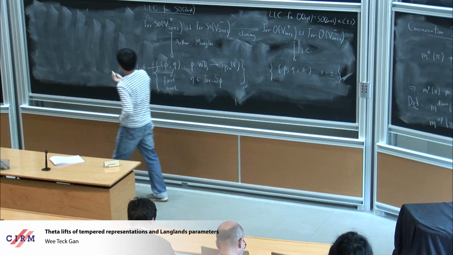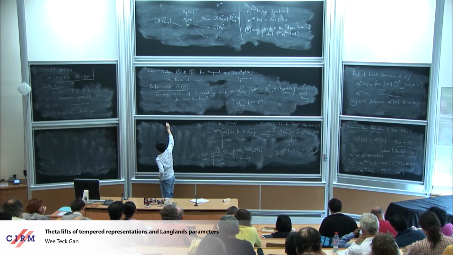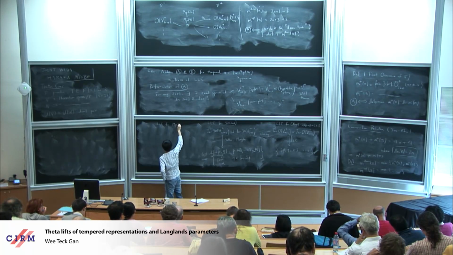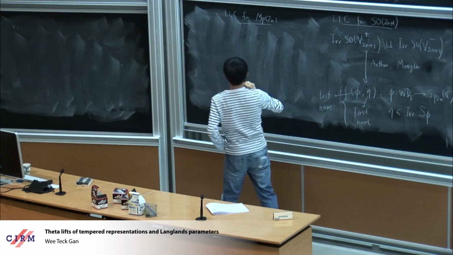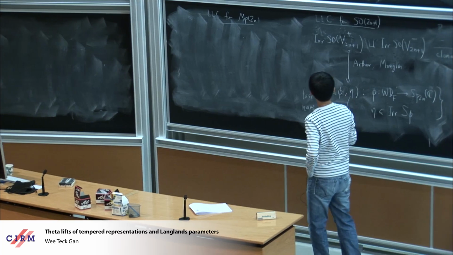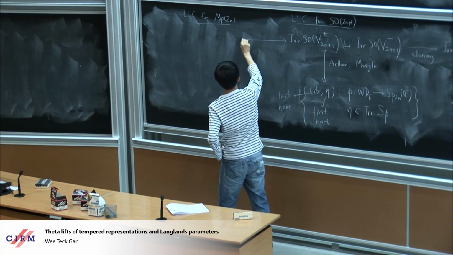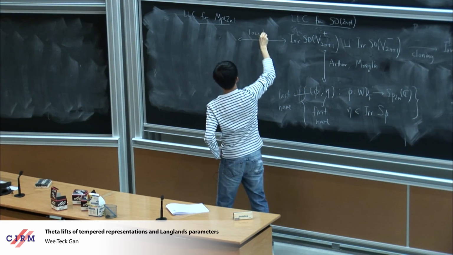Okay. Now, I also want the LLC for MP2N. And as Atsushi explained in his talk earlier, this is obtained by the local Shimura correspondence.